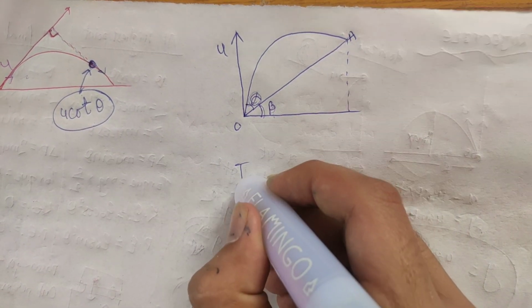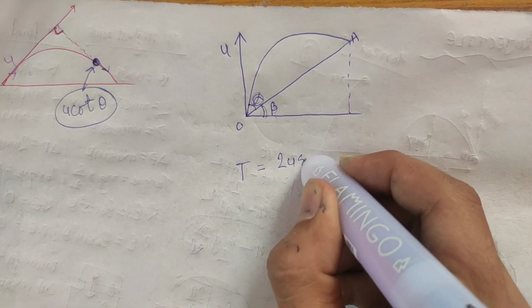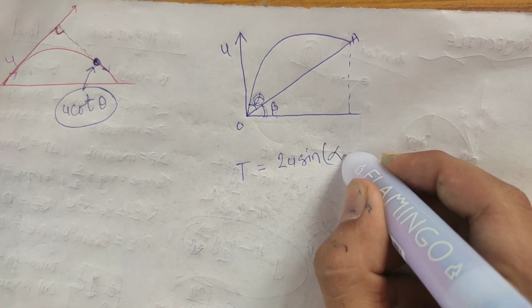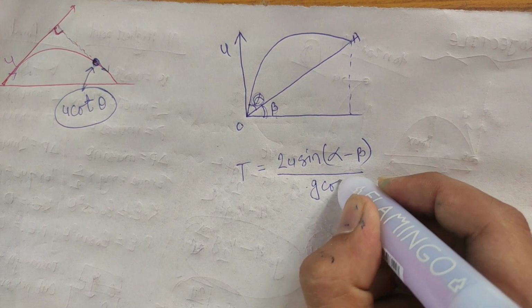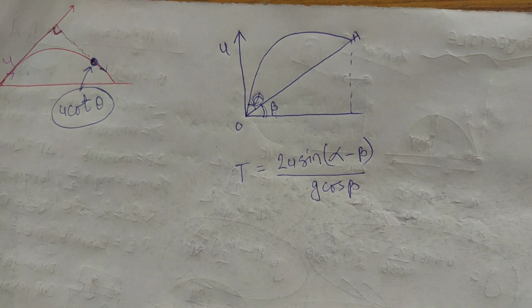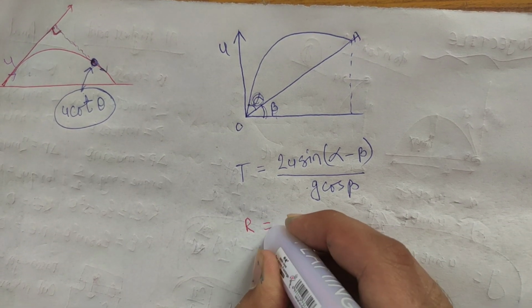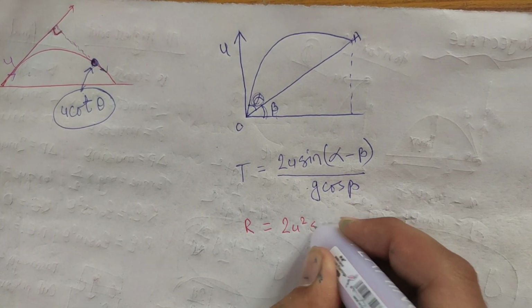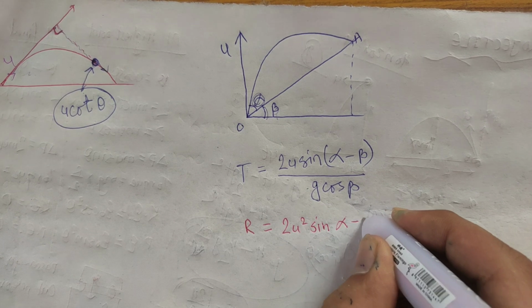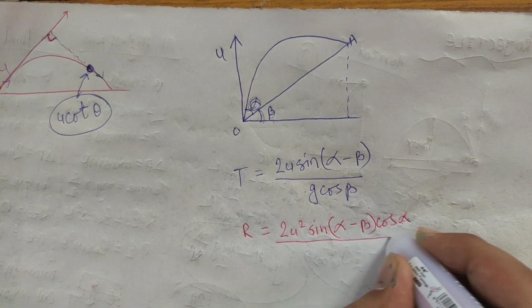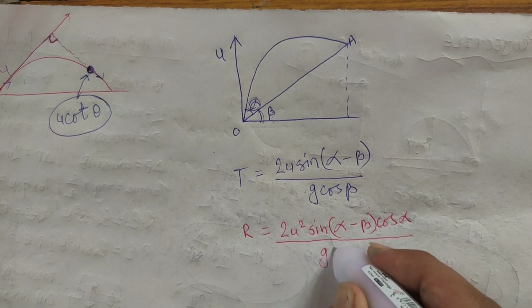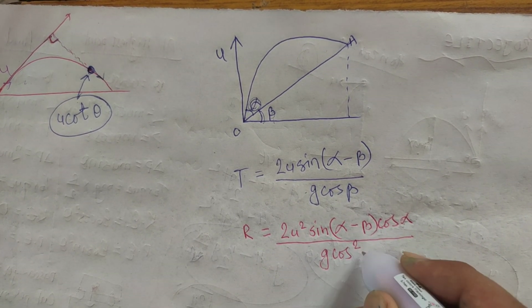Then time of flight is equal to 2u sin(alpha minus beta) by g cos beta, and range is 2u square sin(alpha minus beta) cos alpha by g cos square beta.